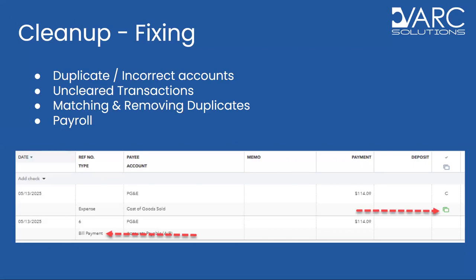Payroll is tricky. Assume, unless you are told otherwise, that any paychecks and payroll liability payments entered in QuickBooks are set in stone. For example, I had a client that ran their payroll through QuickBooks, but then they would write checks to their employees.